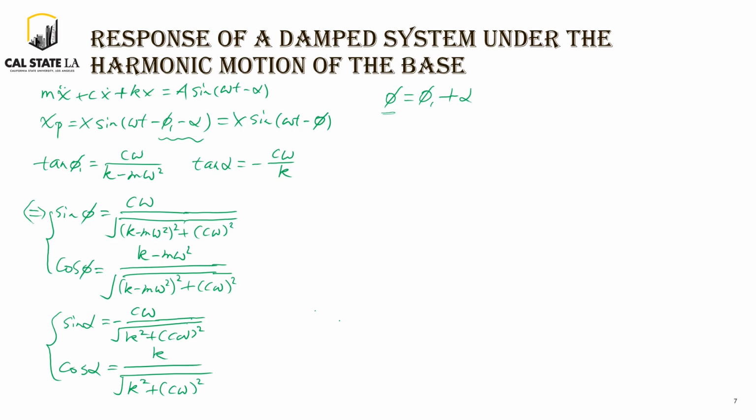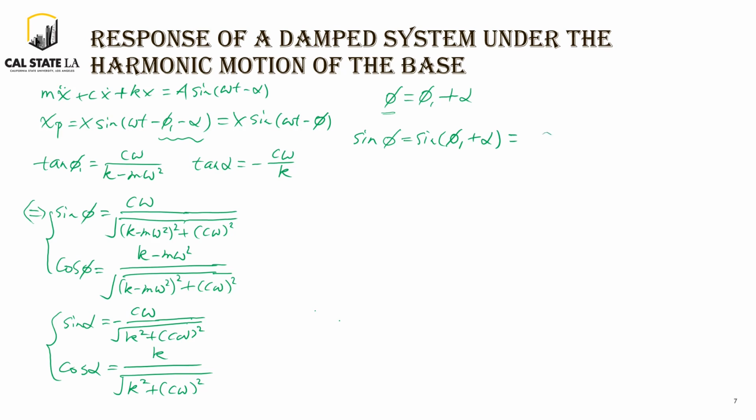So what I'm going to do is find sine phi and also cosine phi, right? So sine phi will be equal to sine of phi 1 plus alpha. We know how to do that, right?